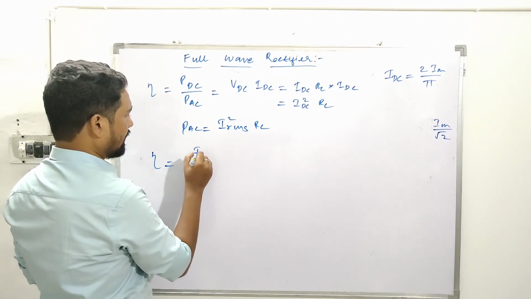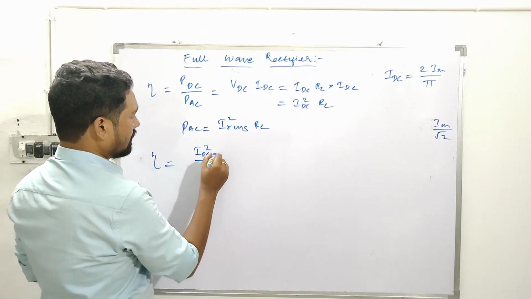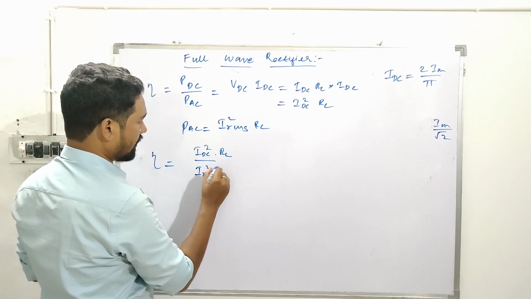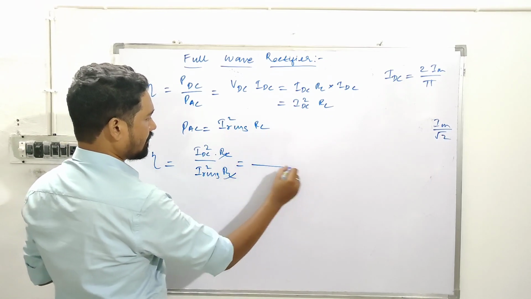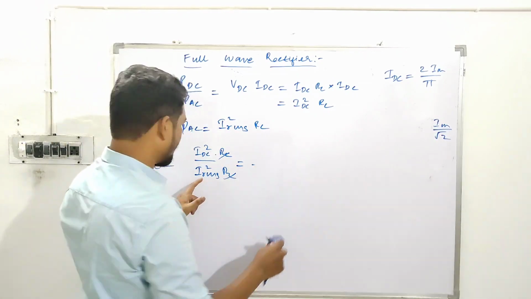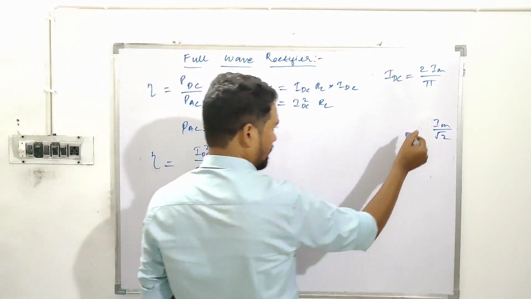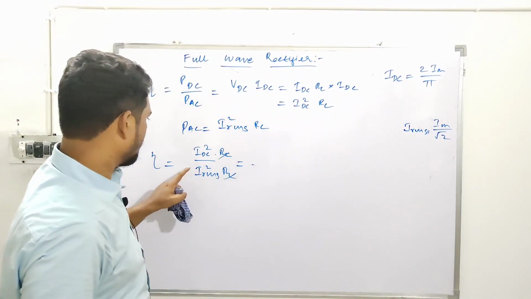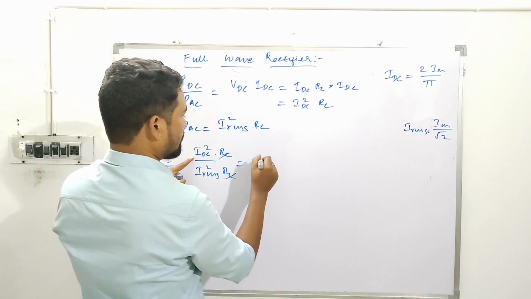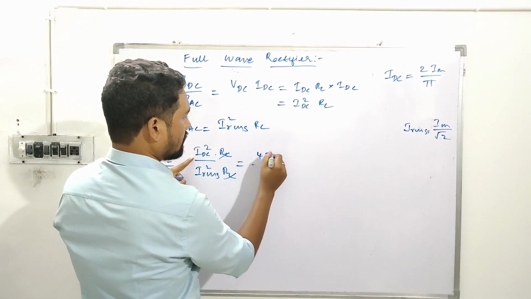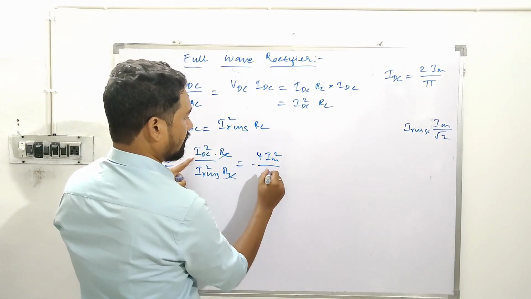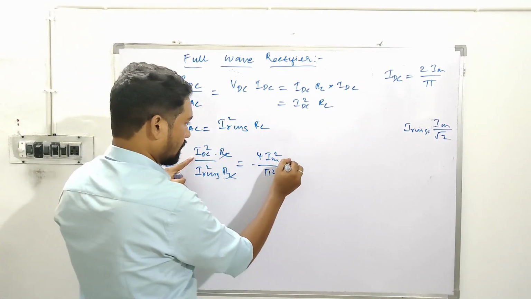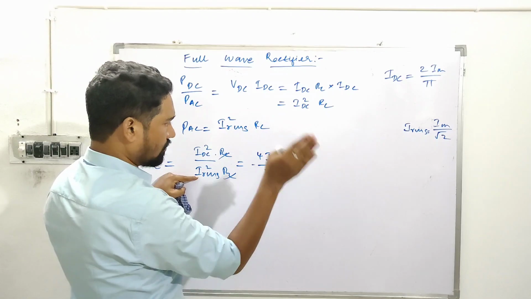It's IDC squared RL by IRMS squared RL. RL gets cancelled. Plugging in the values of IDC and IRMS which we obtained there, IDC is 4 Im squared by pi squared, divided by IRMS squared, which is Im squared by 2, so it goes upside down.